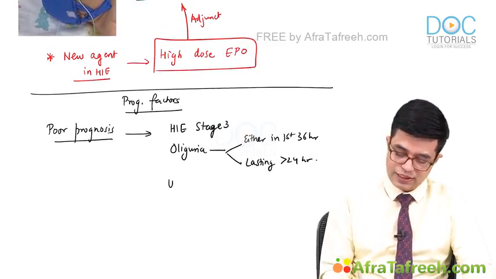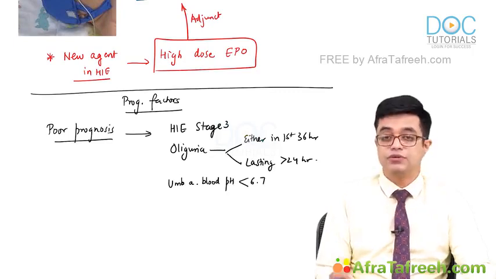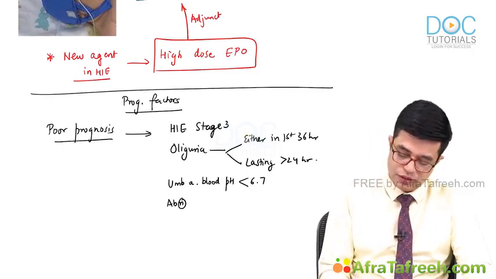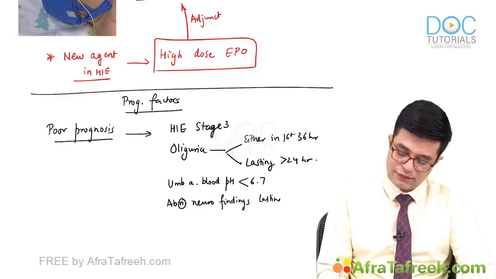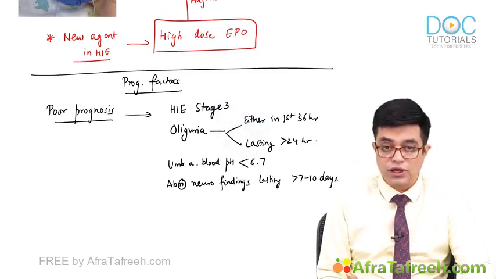If the umbilical artery blood pH is less than 6.7, severe acidosis, it has a poor outcome. If there are any abnormal neurological findings persisting or lasting for more than 7 to 10 days, it has a poor outcome.